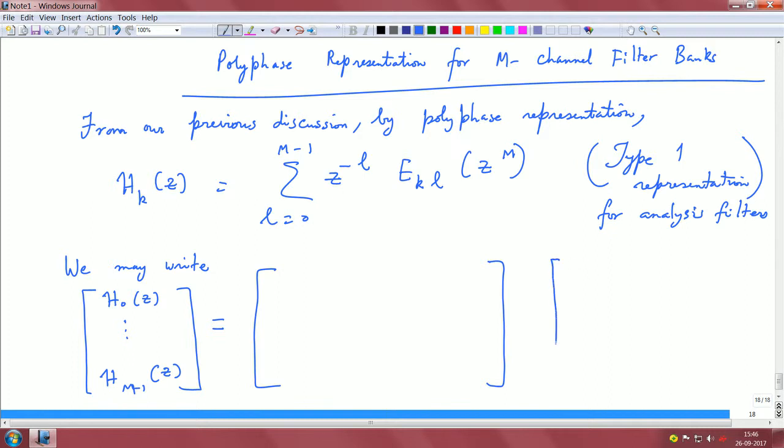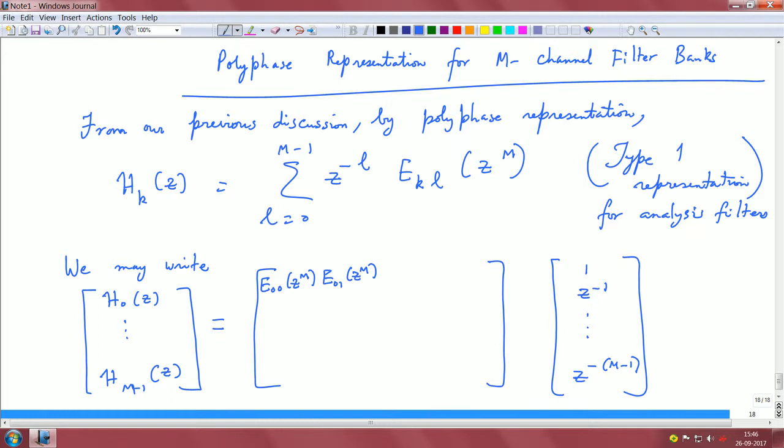So, we can write the delay also, that becomes easier for us to see through. 1, there is no delay, unit delay, dot dot dot till M minus 1 delays, right. So, H naught will have E naught naught of Z power M. You multiply E naught naught Z power M with 1, E naught 1 Z power M with this delay, and so on and so forth. It is just a different way of writing things.